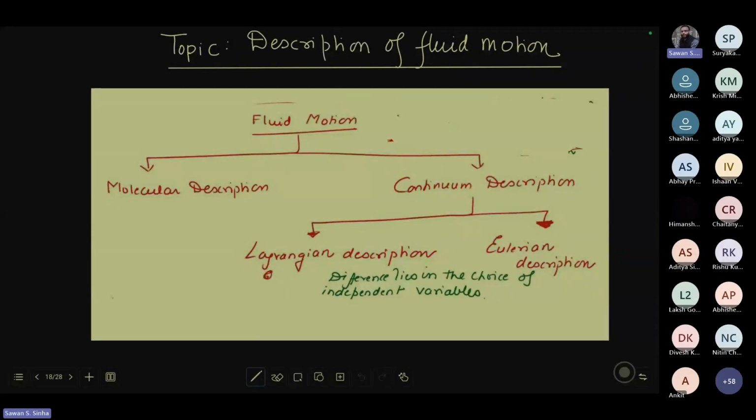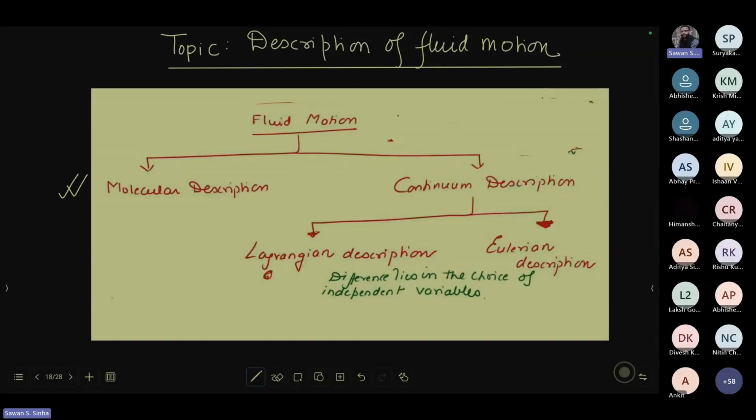Now we are going to start the new topic, which is description of fluid motion. How do we describe fluid motion? These are the options that we have. We can either have a molecular description of fluid motion.